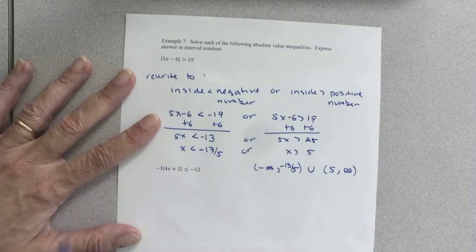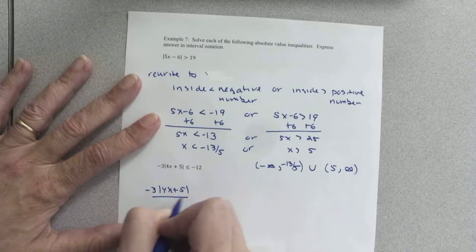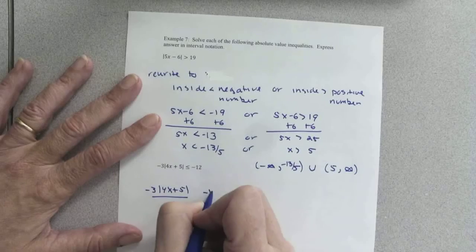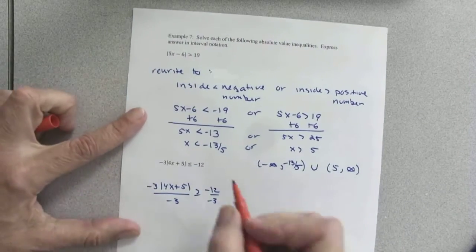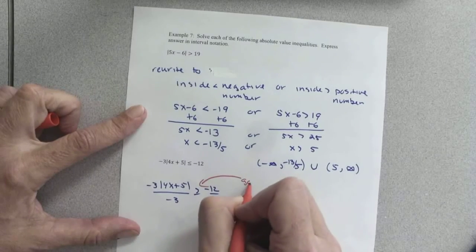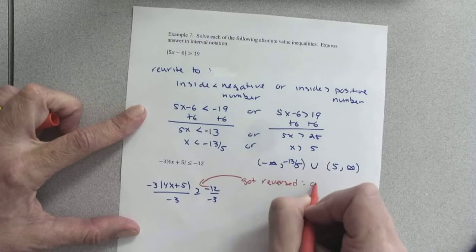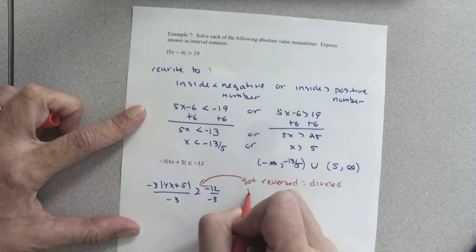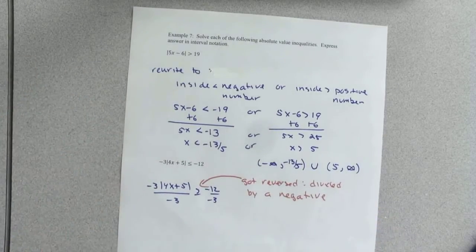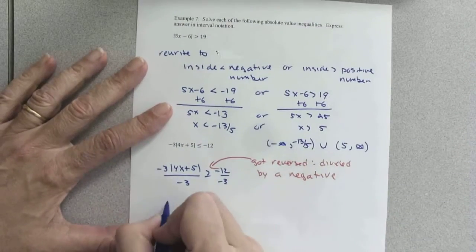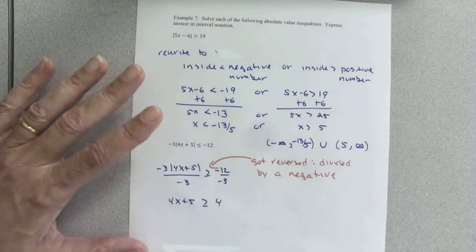Okay, last problem. Let's get that absolute value alone first. So I'm going to divide both sides by -3. And when I divide by -3, I reverse that inequality, because I divided by a negative. And so I've got 4x plus 5 greater than or equal to 4.